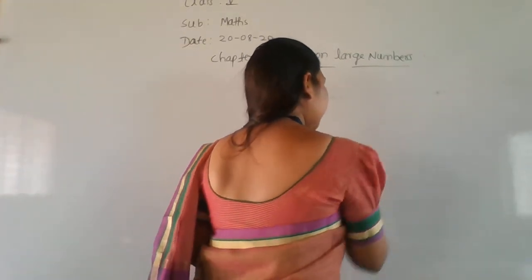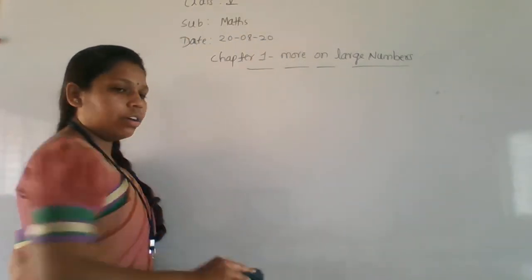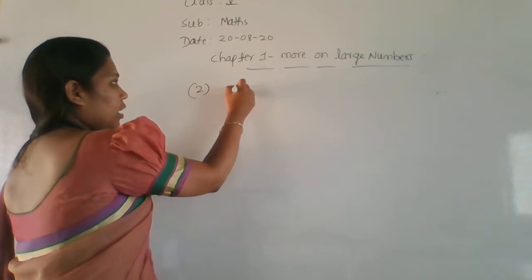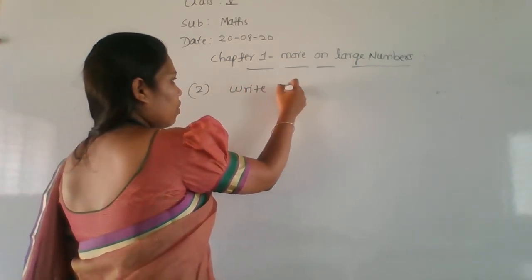Exercise number 1.1, second main we are solving here. In second main they given, write the place values of 5.